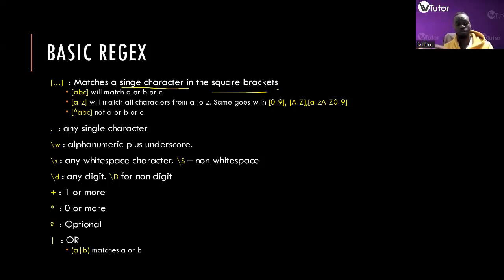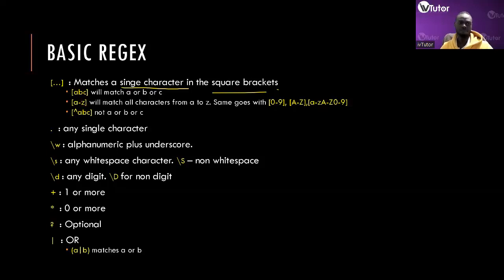A square bracket will match a single character, which means whatever you put within that square bracket will be matched. For example, if you put A, B, C in your regular expression, it just means match A or B or C. Because this is a square bracket, it's going to match one item, an A, a B, or a C.